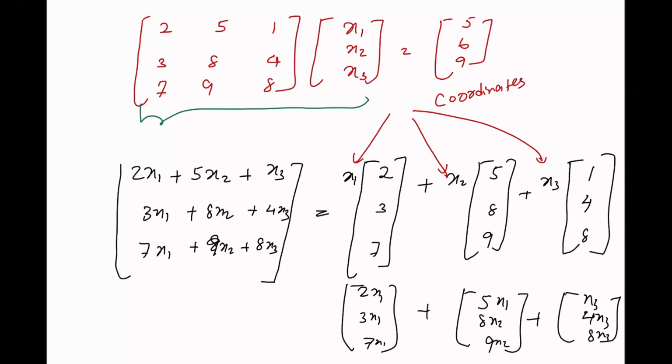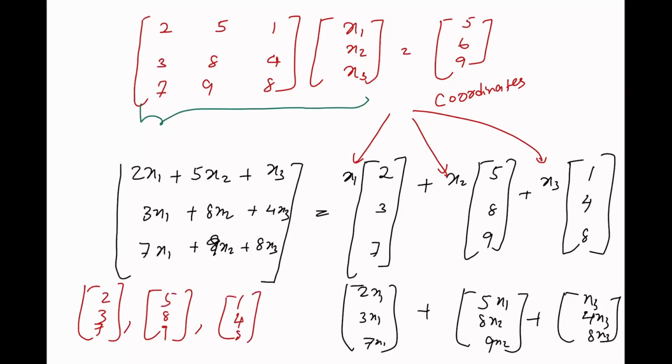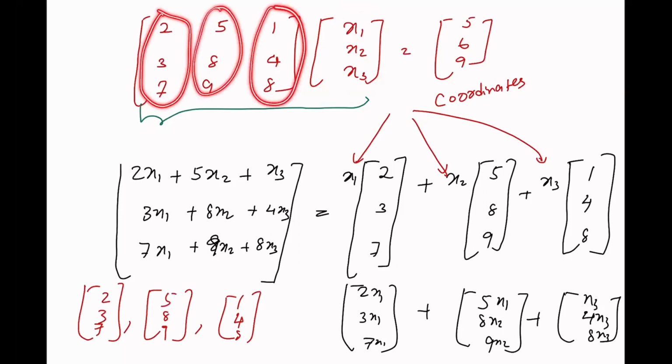What happens is you can change x1, x2, and x3. You treat them as coordinates, and you get a vector set, which is the vector set spanned by the basis of these vectors: 2, 3, 7, one vector; 5, 8, 9; and 1, 4, 8. It means if you can change x1, x2, and x3, then you can get any linear combination of these three column vectors.